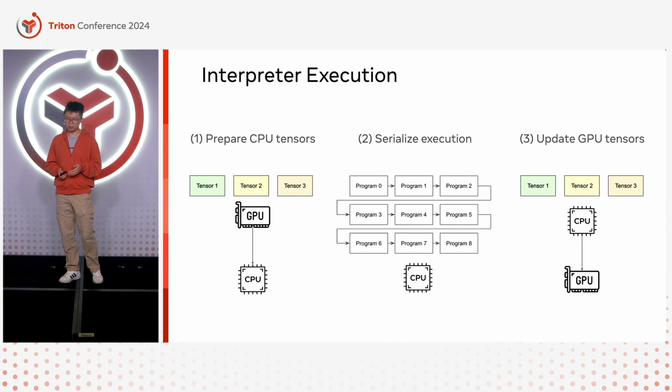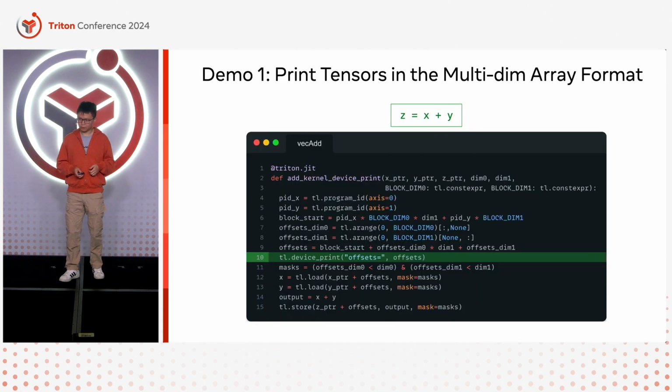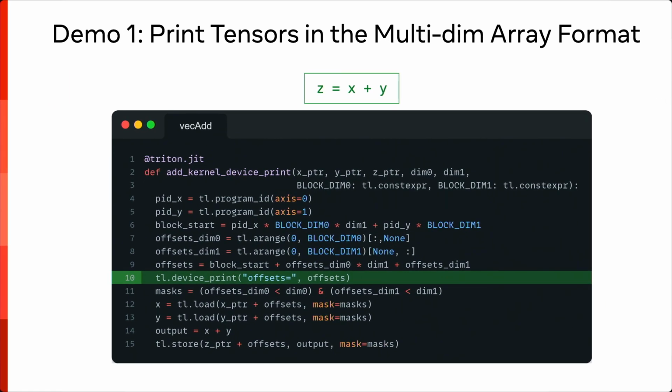We are going to start with program 0, followed by program 1, and then end up with program 8, supposing we have 9 programs. After the execution is done, we have the results on the CPU. If the tensors were originally stored on the GPU, we need to copy them back and update their values. So this ends the introduction to how the interpreter works.